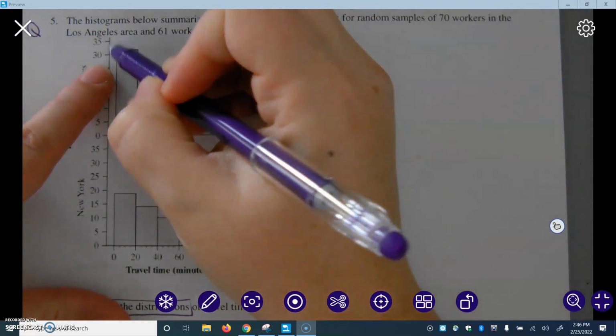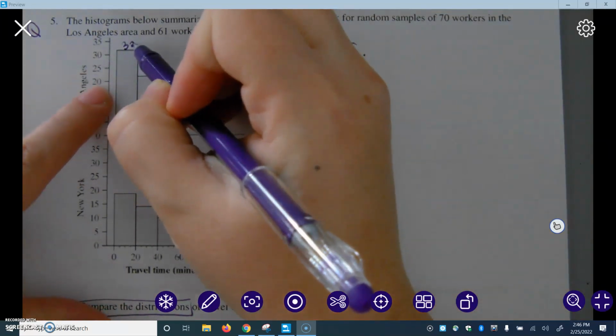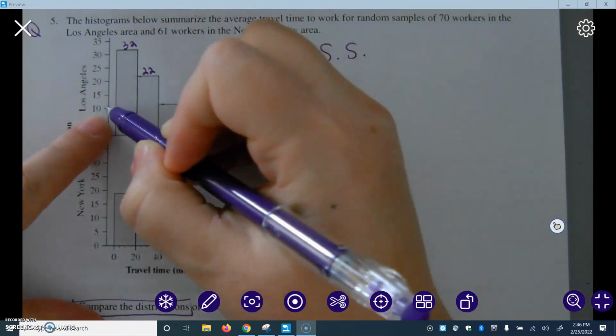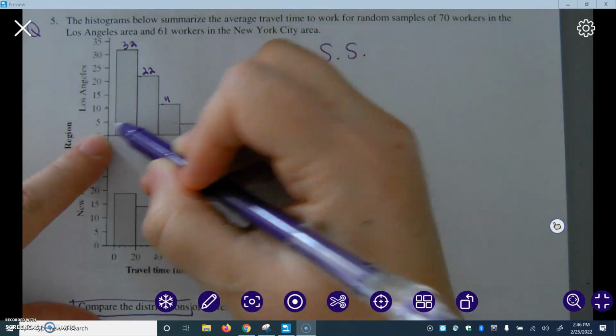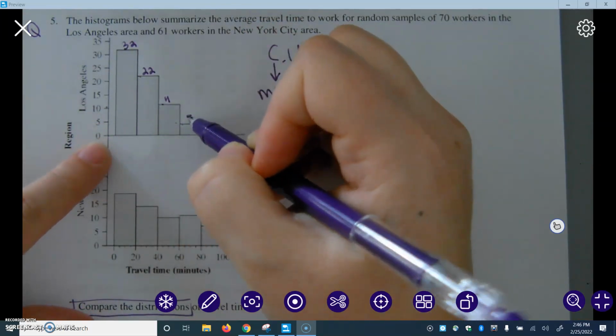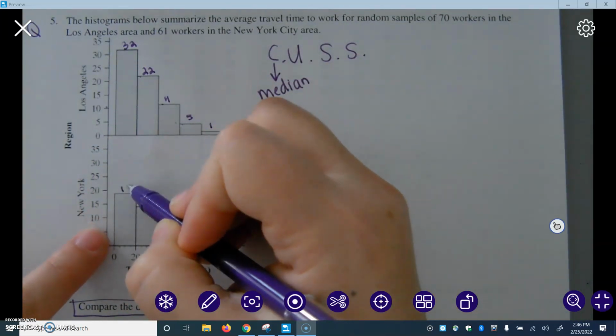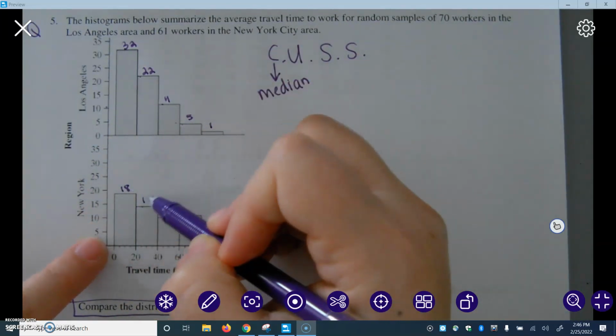So we can kind of estimate, this is 32-ish, maybe that's 22, maybe that's 1, maybe that's 18.